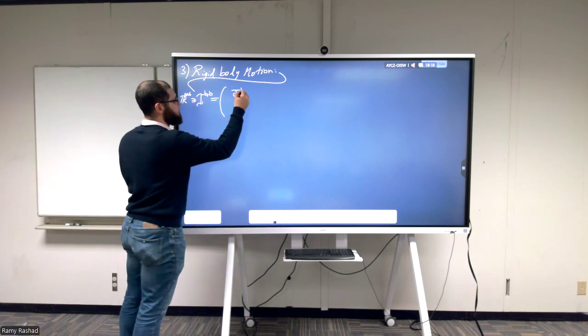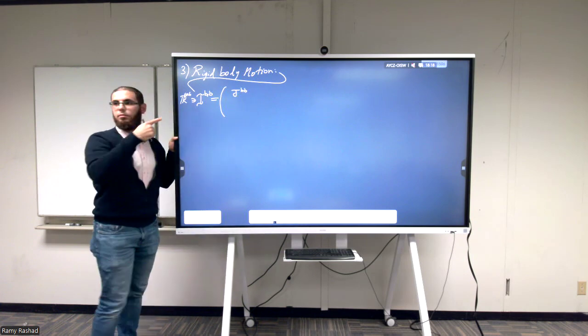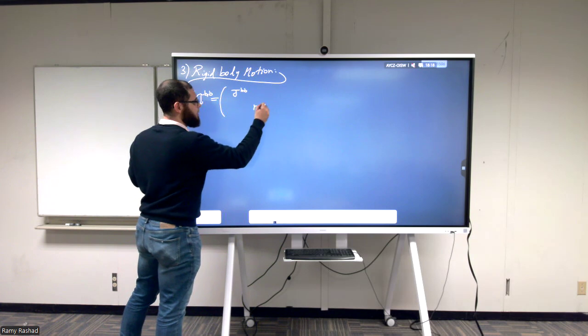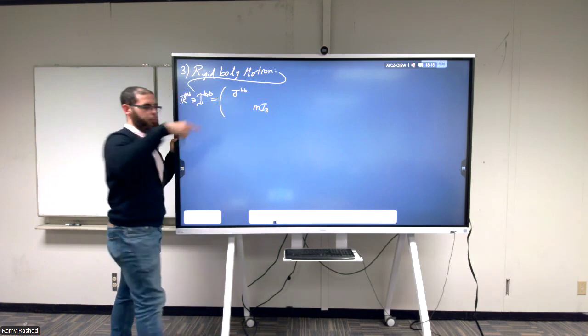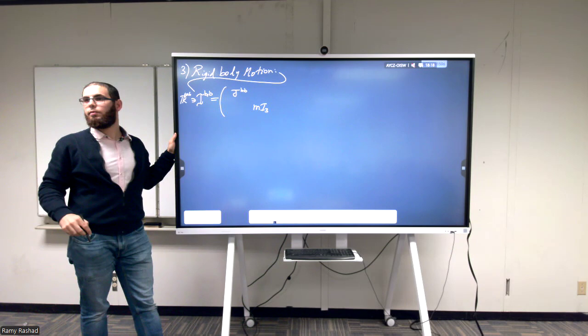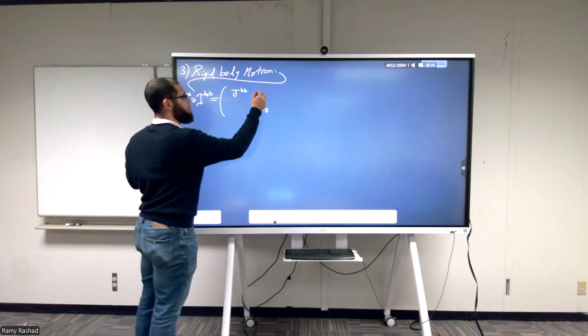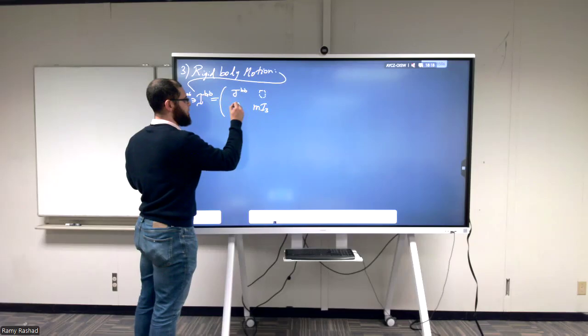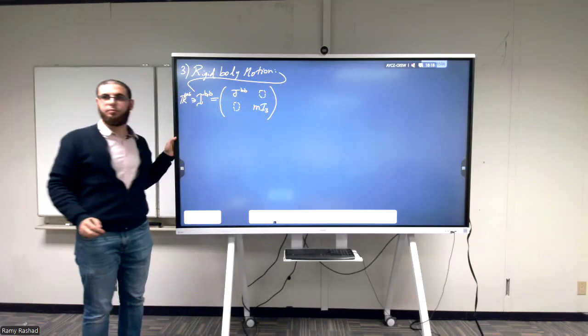It is J in the top left corner. It is the mass multiplied by an identity matrix in the bottom right corner. And in the rest, we're going to have some terms here. I'm not going to write them for now.